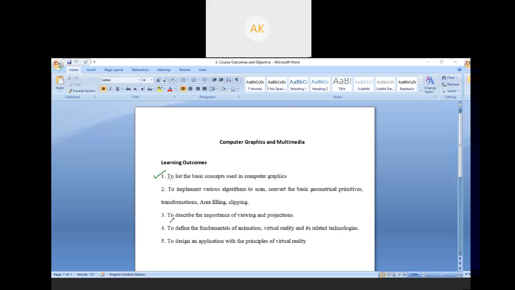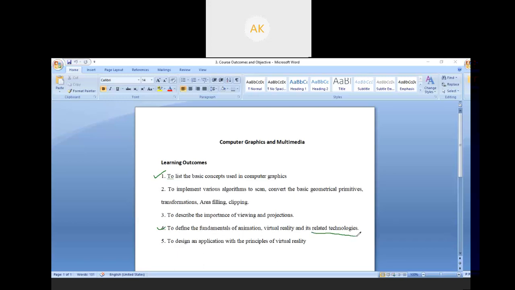The third learning outcome is to describe the importance of viewing and projection. You will be able to describe viewing and projection. The fourth outcome is the different fundamentals of animation, visual realities, and related technologies to animation.